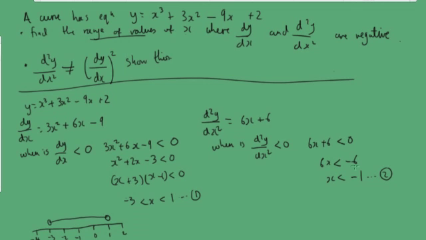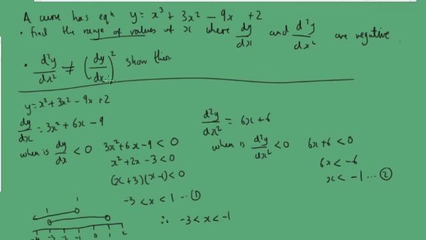And for the second derivative, it's less than minus 1, so from here and it goes on. So what we're interested in is therefore minus 3 to minus 1. So x is between minus 3 and minus 1 is our answer to the first part.